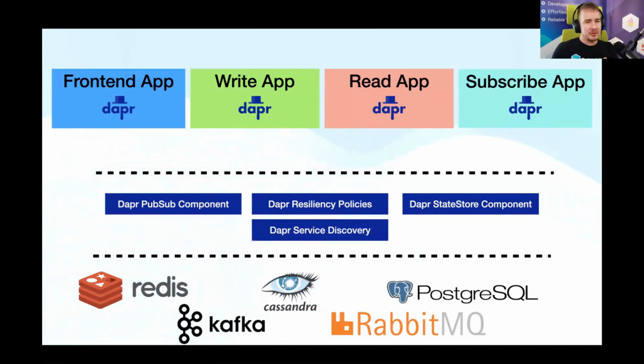But I like how Dapr takes the best of that and gives you a single view into what those services are, centralizes the configuration for that, and makes it a native Kubernetes-specific platform, which is very good.